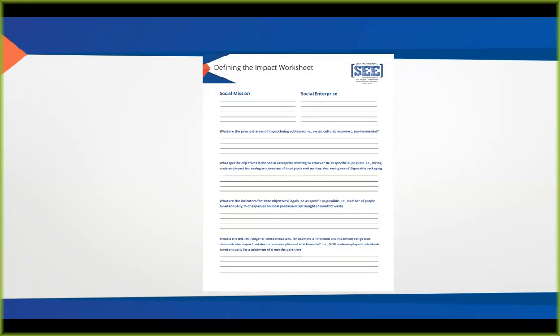So this is where you're then bringing it down to something very tangible. And then you're going to look at your range that is the minimum and maximum that you can do at this time. And just like your business plan, this measuring of social impacts and setting these goals is very much monitored and will change as your business grows, because obviously your maximum is going to get bigger as your business grows and you're able to do more.